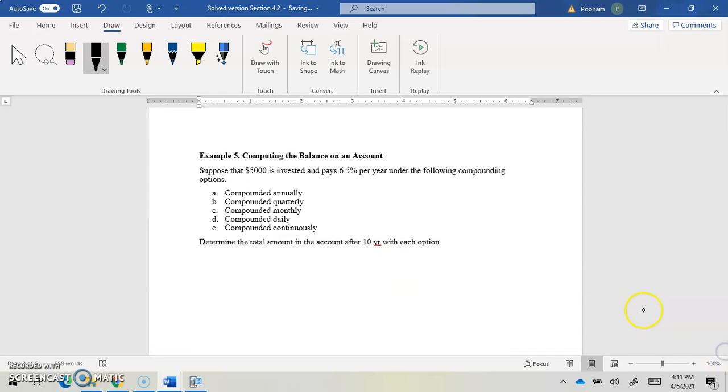Suppose $5,000 is invested, pays 6.5% per year under the following compounding options. The first compounding option is compounding annually. Now remember, our formula is A is equal to principal times 1 plus R divided by N raised to power NT. Now in part A, when it is compounding annually, N, the number of compoundings per year, is just 1.